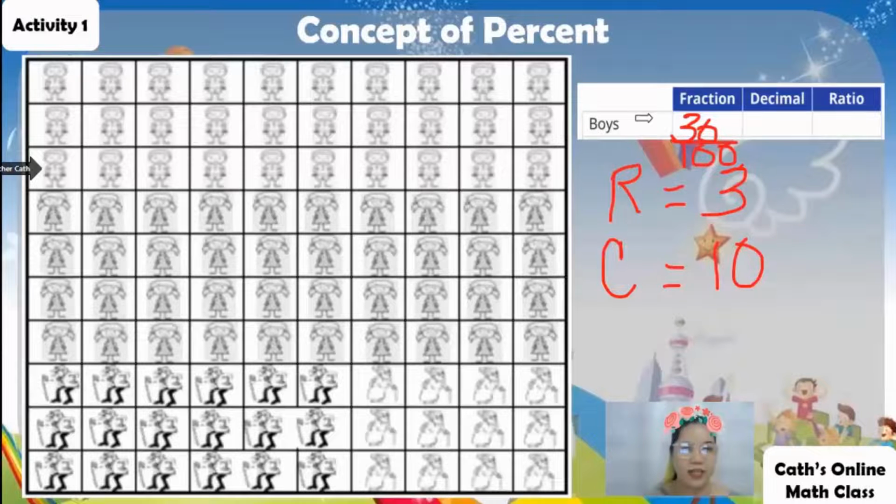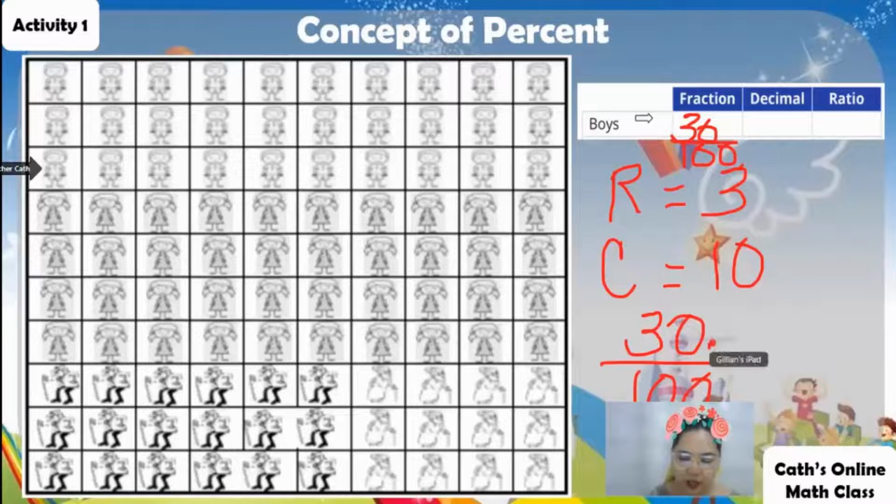Now, how about decimal again? What are we going to do? If it's 30 over 100, there are 2 zeros again, so the decimal point is here. Let us move the decimal point to the left twice. 1, 2, there you go. So the zeros are out, okay?